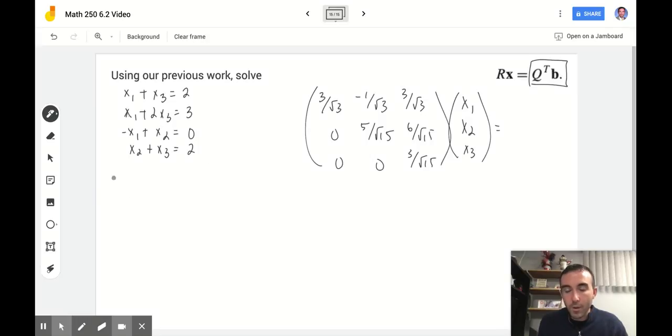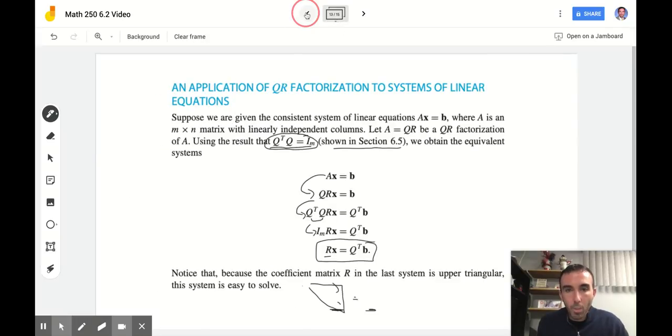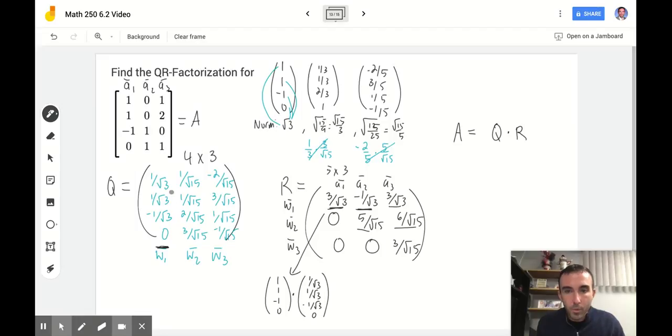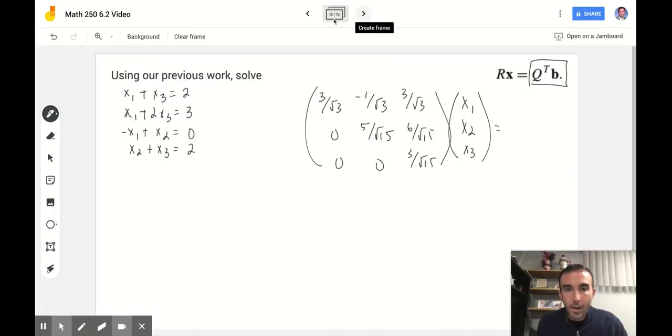So if I take our matrix Q and I transpose it, these rows each become columns. So I'm just going to rewrite that as a transpose. So now, again, rows turn into columns. Just recopying from the previous slide.